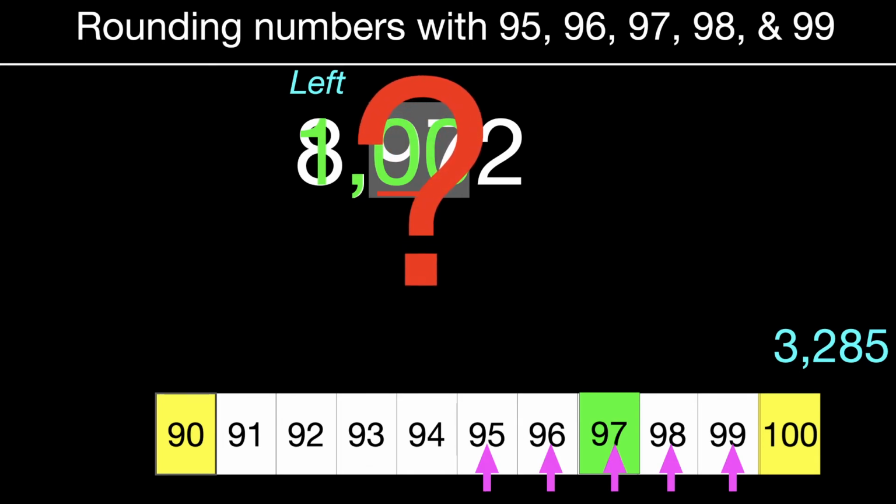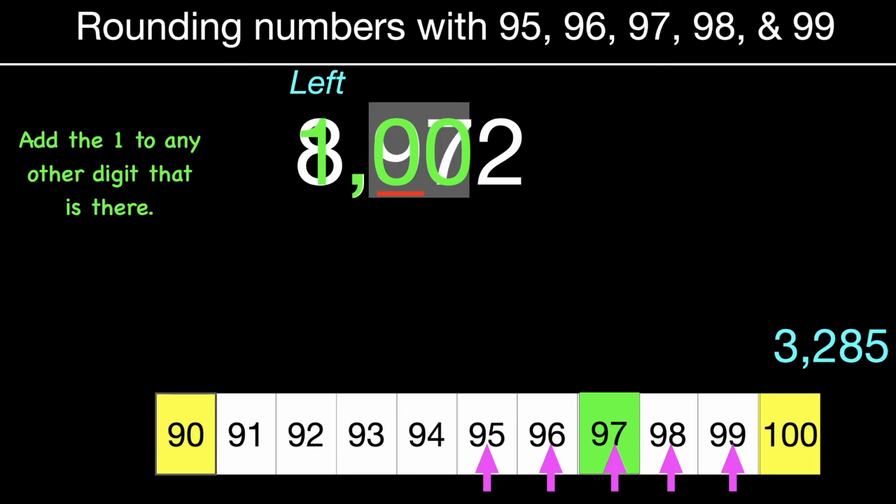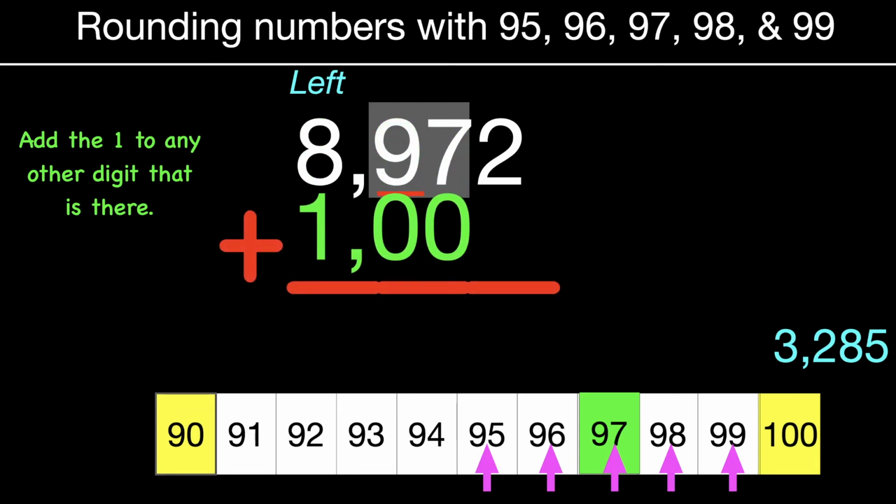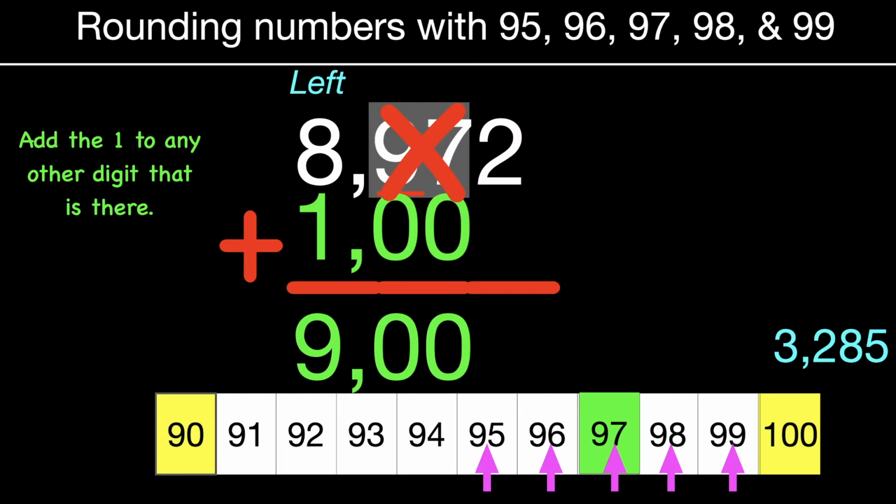Now, the question is, well, what about the 8? Does the 1 just take the place of the 8 or cover it up? No. In this case, you actually have to add the 1 to any other digits that's there. So we would have to add the 8 plus 1. Don't add the 97. Remember, we rounded that into the 0, 0, okay? So 8 plus 1, your answer would look 9, 0, 0.